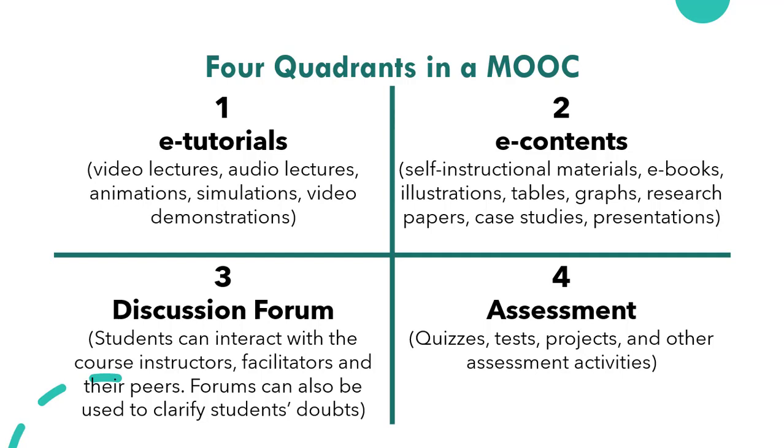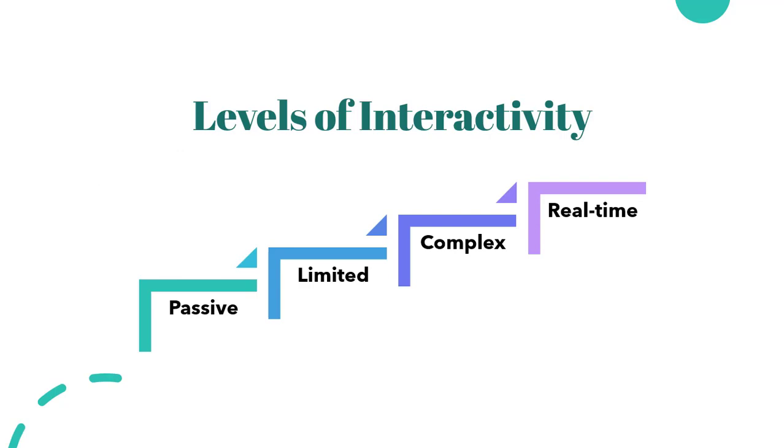But the level of interaction in these interactivities may vary. There are 4 different levels of interactivities. Level 1, passive interactivities. Level 2, limited interactivities. And the level 3, complex interactivities. The last level, the level 4, is real-time interactivities.